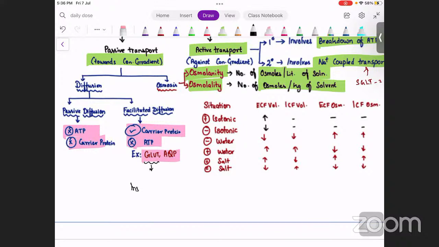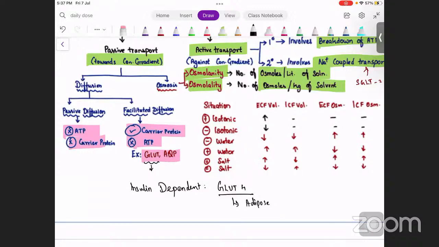Among that, what type of glucose transporter is insulin dependent? You have to know that. The insulin dependent glucose transporter is GLUT4, which is present in what are the locations of your GLUT4?